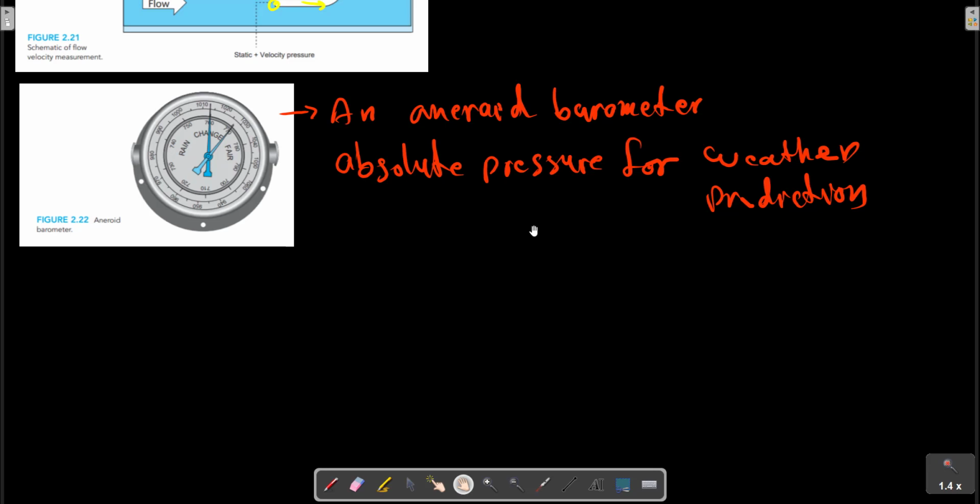It consists of a thin metal capsule or bellows that expands or contracts with atmospheric pressure. Measurement is by a mechanical pointer or by a change in electrical capacitance with distance between two plates.